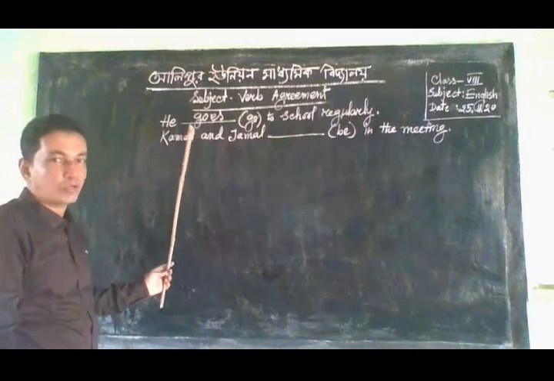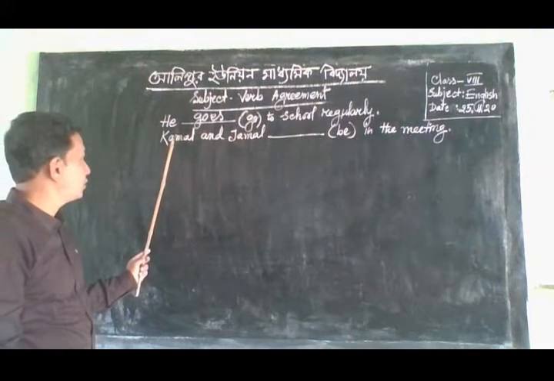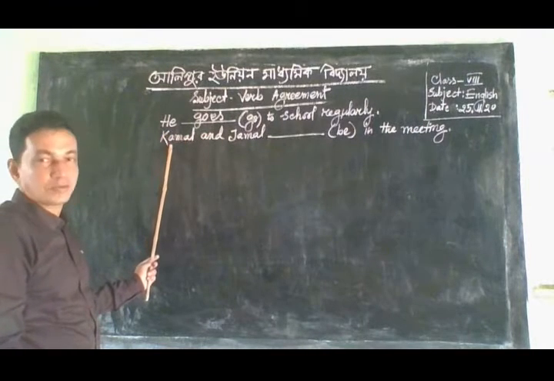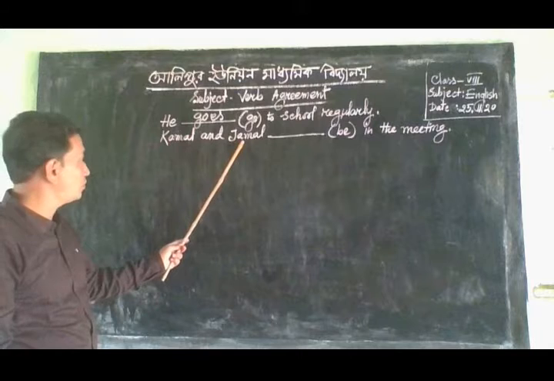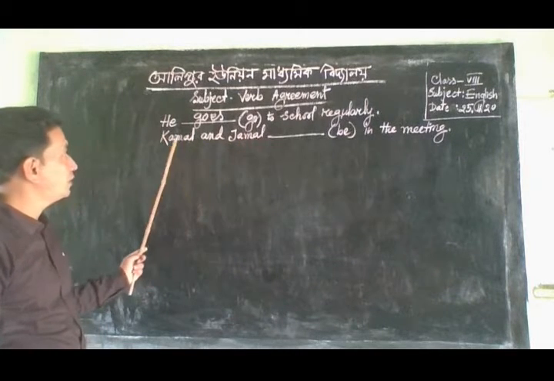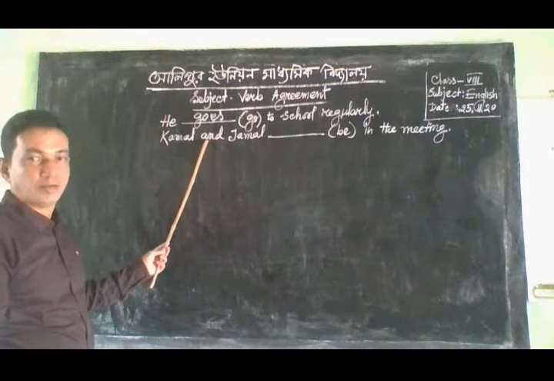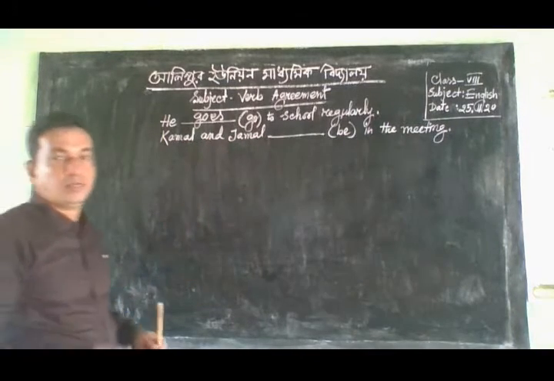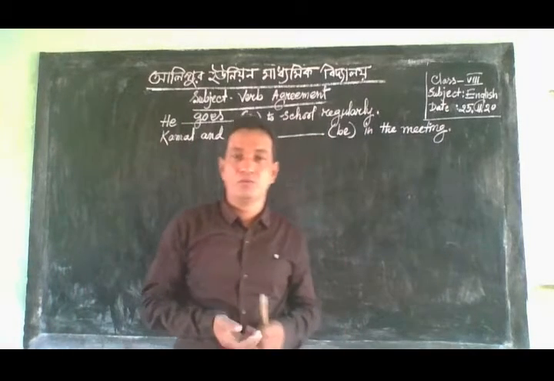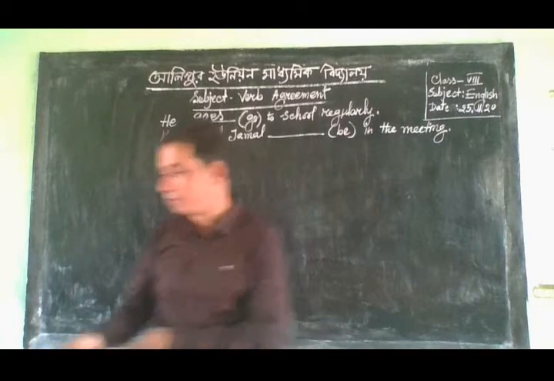Dear students, you have noticed Kamal and Jamal. These are two singular words. Kamal is a singular word and Jamal is also a singular word. And these two singular words are joined by and. And when there are two singular words connected with and, then the verb must be plural.